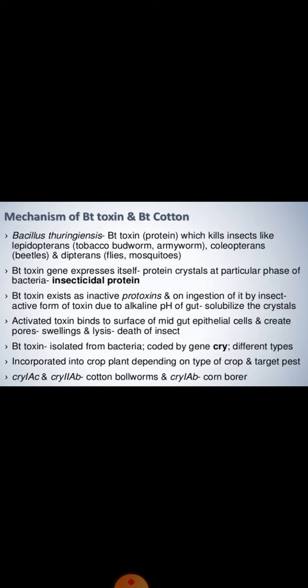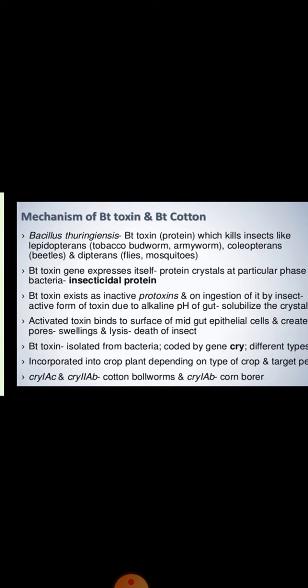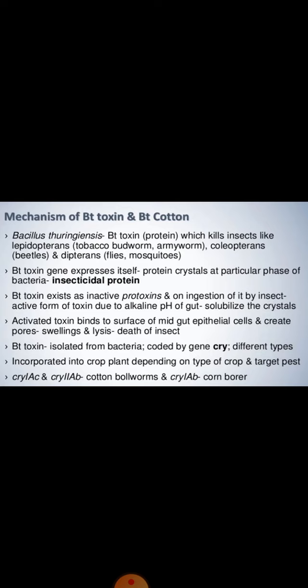Now these plants decrease the amount of pesticides and insecticides which are used for the protection of the plant. There is a toxin named Bt which is produced by a bacteria, that is Bacillus thuringiensis.